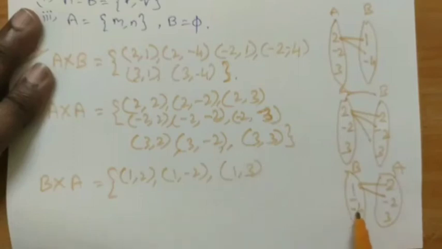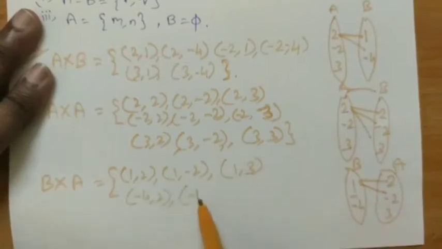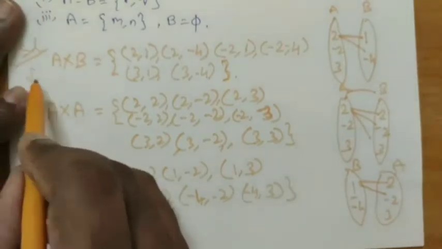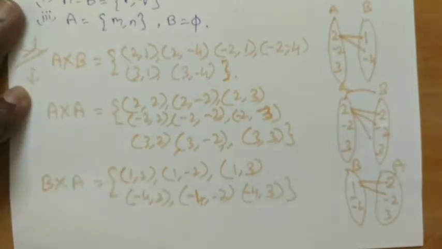Then -4 is mapped with 2, and -4 is mapped with -2, and -4 is mapped with 3. This is B cross A. So the first Roman number we have completed: A into B, A into A and B into A.